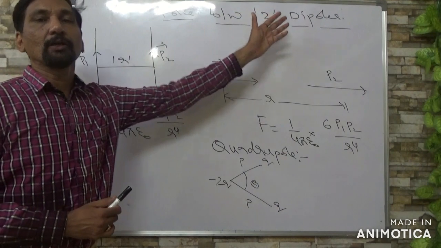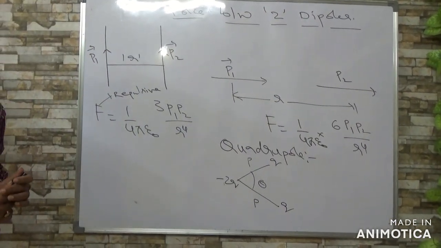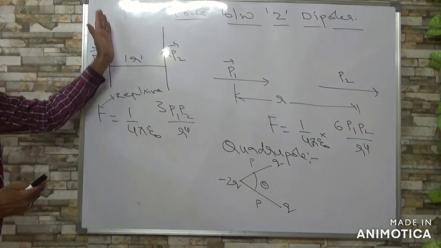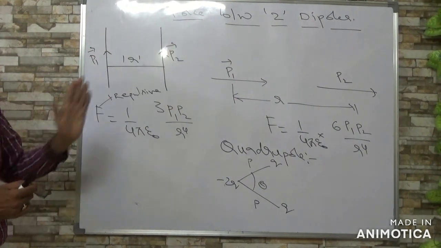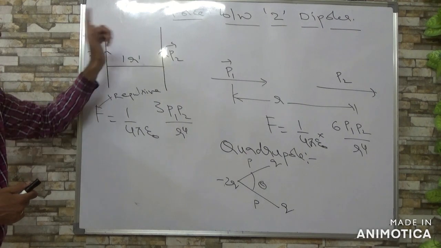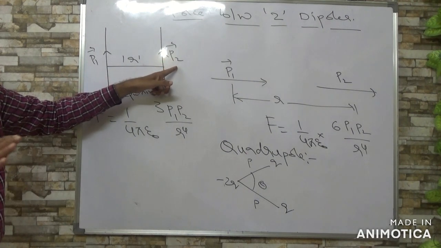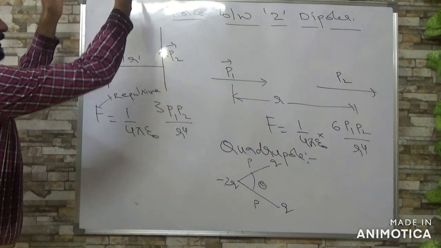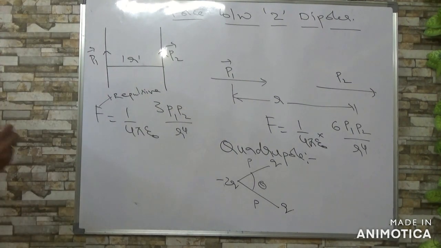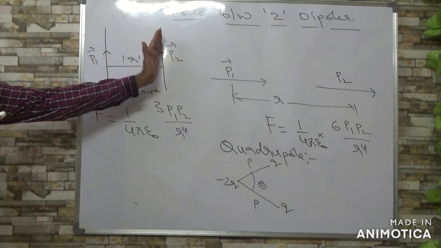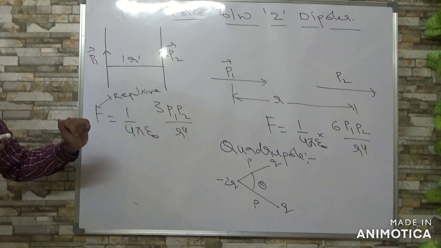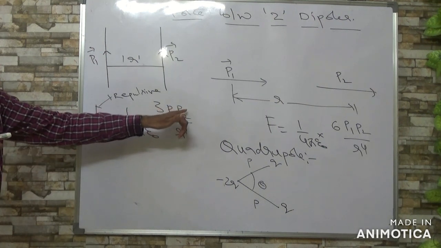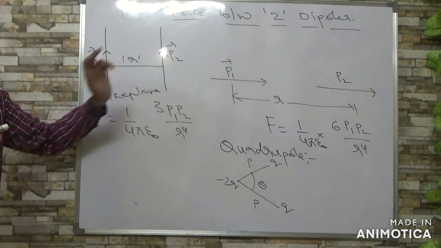Force between two dipoles. Okay, so let us suppose there are two dipoles. One of dipole moment say P1, another one of dipole moment say P2, taken parallelly, separated by a distance r. Then the force between them is given by 1 by 4 pi epsilon naught into 3 P1 P2 by r power 4.